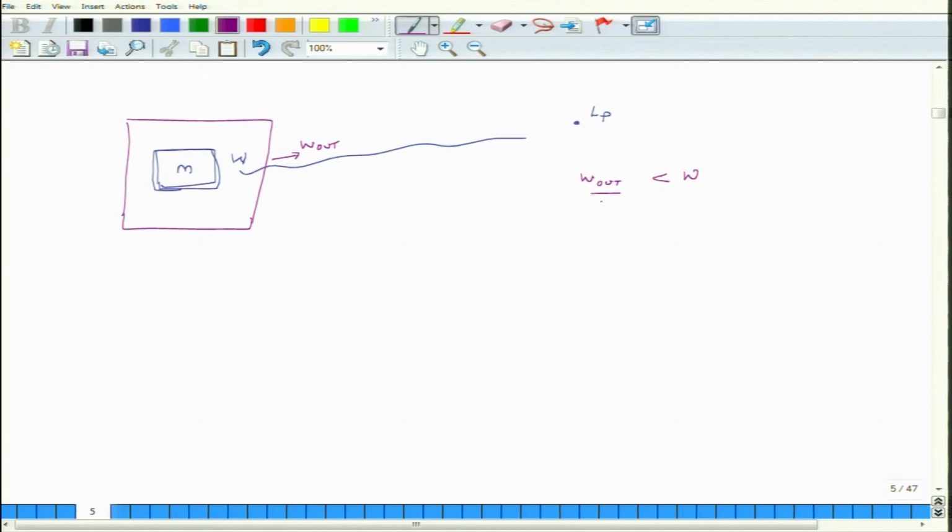So, now we can compute LW out, and using this LW out you can compute LP. The aim is, how do we compute W out? The smaller this value of W out is, the better is this enclosure, that is what we want.